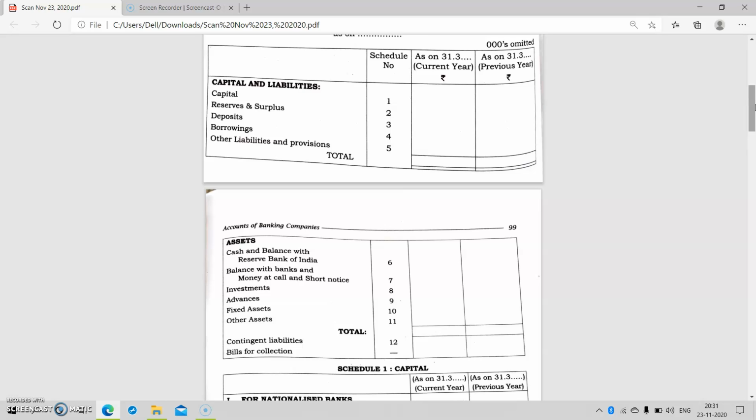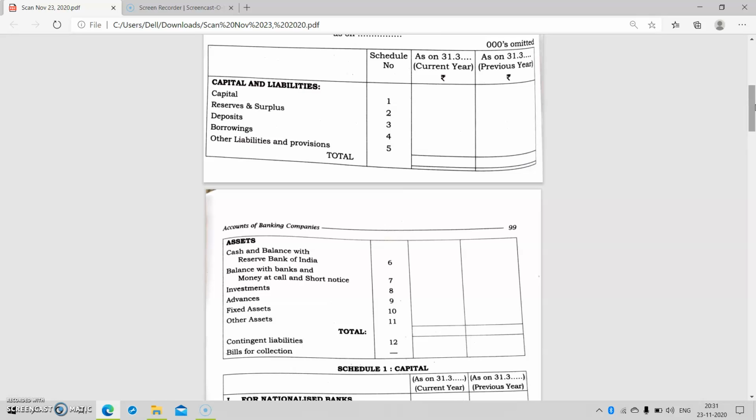Capital and reserves and surplus constitute the capital, and deposits, borrowings, other liabilities and provisions relate to the external liabilities of a banking company. And you'll find out the total for that.